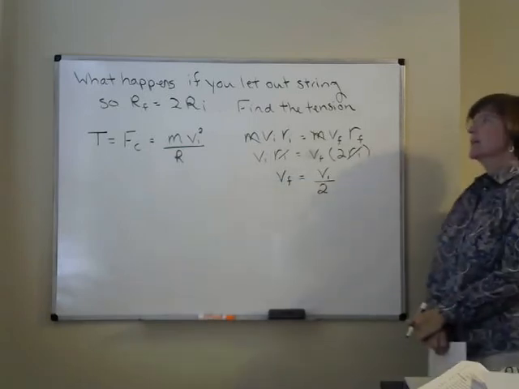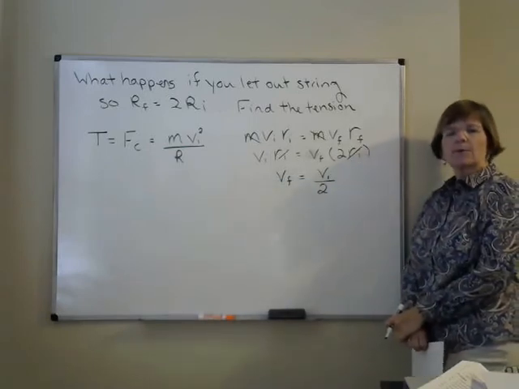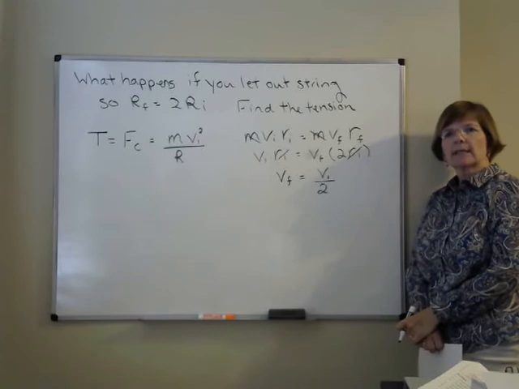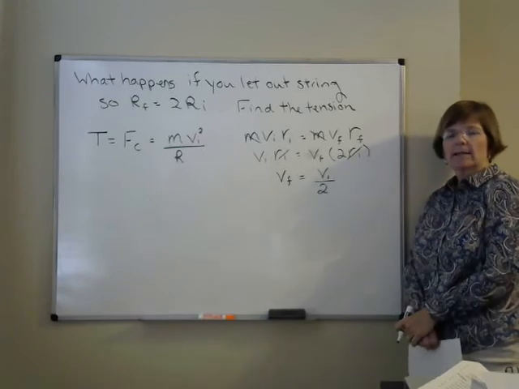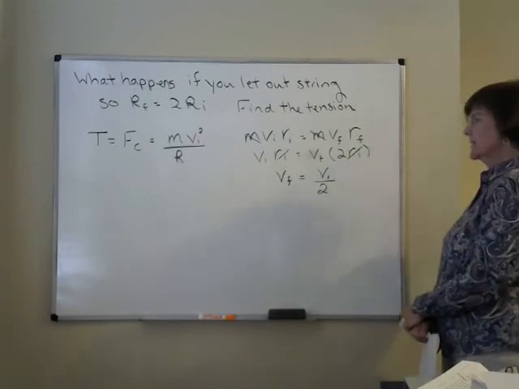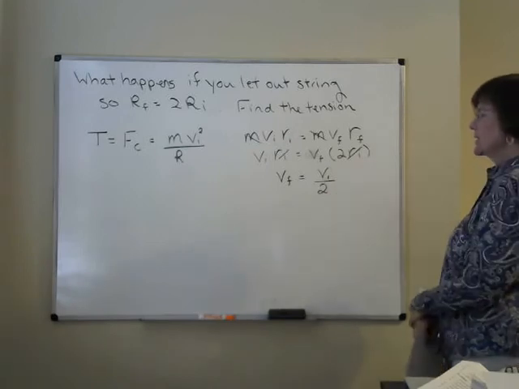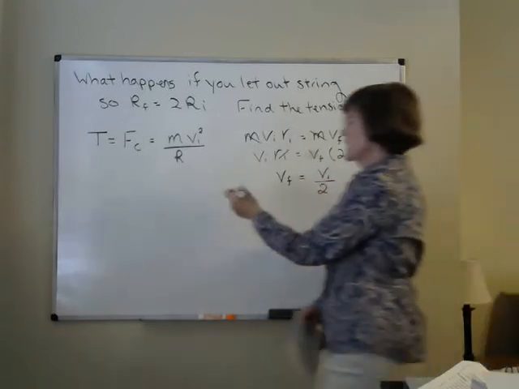In other words, that makes sense. Before, when I halved the length of the string, it doubled the speed. If I double the length of the string, it obviously halves the speed. So I just need to put this in over here.